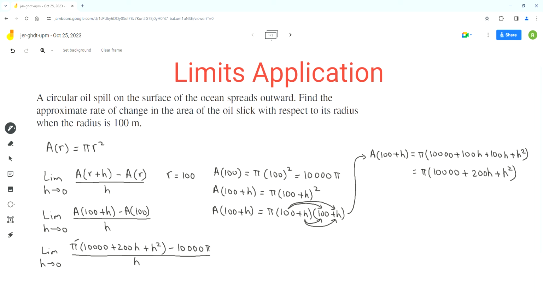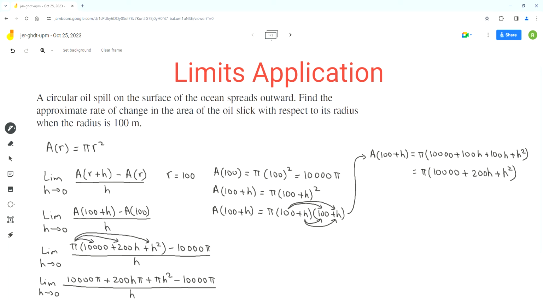So we can distribute the π into the parentheses. So we get limit h approaches 0 of 10,000π + 200hπ + πh² − 10,000π over h.